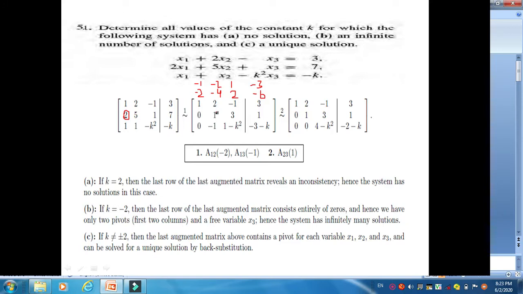So if we apply addition, 1 minus 1 equals 0, 3 plus 1 means 4 minus k square, and 1 minus 3 means minus 2 minus k, right? In that way we finally obtain the augmented matrix: 1, 2, minus 1, 3; 0, 1, 3, 1; 0, 0, 4 minus k square, minus 2 minus k, right?